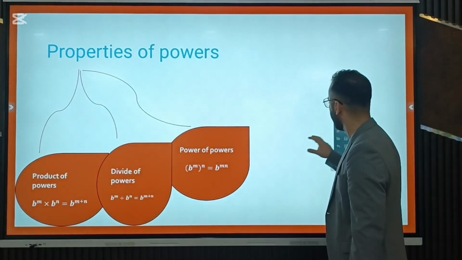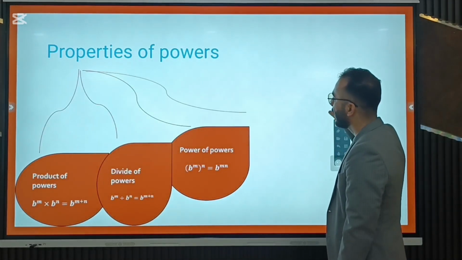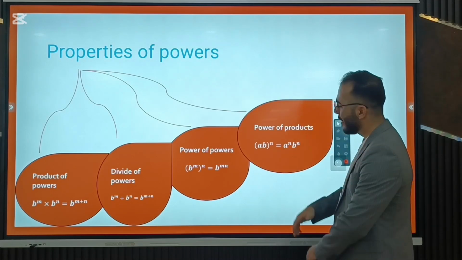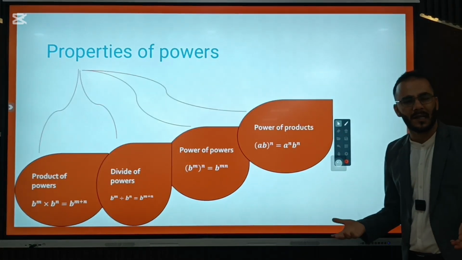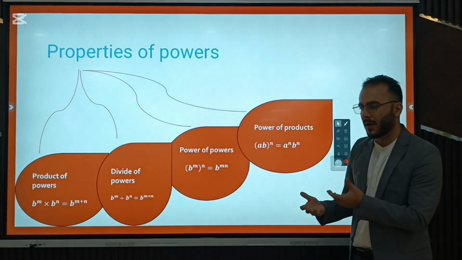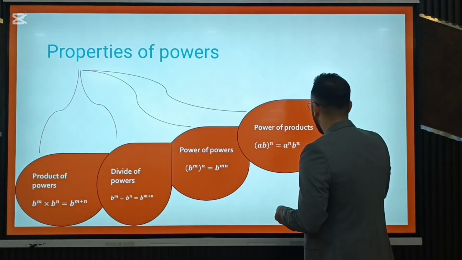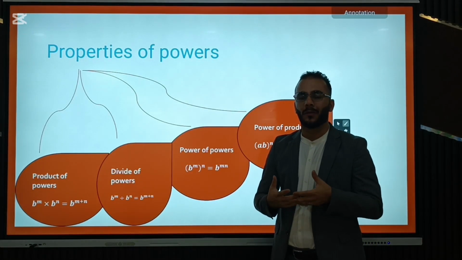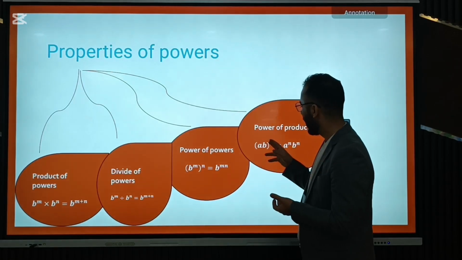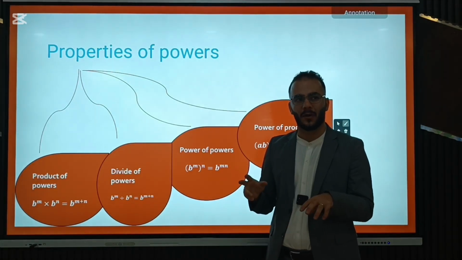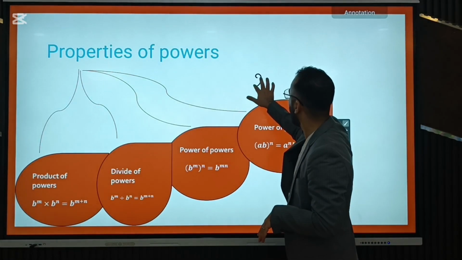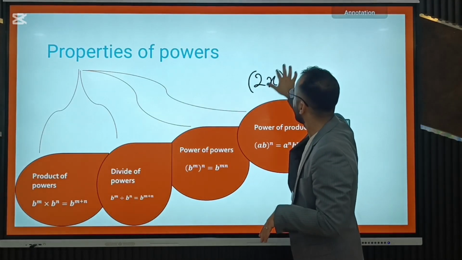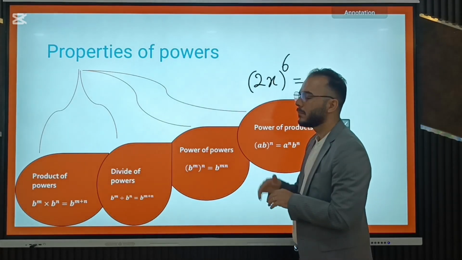And the next property that we have is power of product. When we have a bracket, and in our bracket we have a product, let's say, then the power outside of the bracket will be distributed on each term inside the bracket. Let's say if we have 2x, all powered by 6.